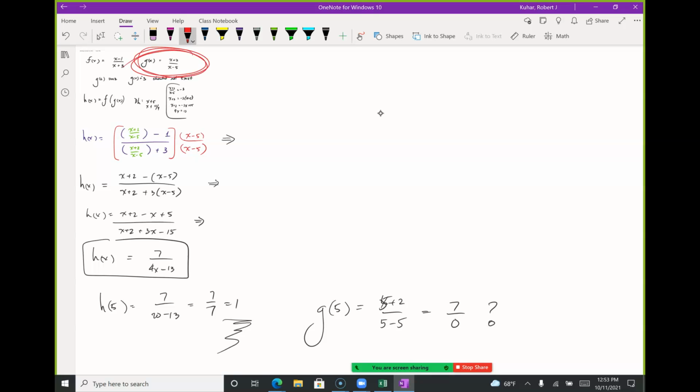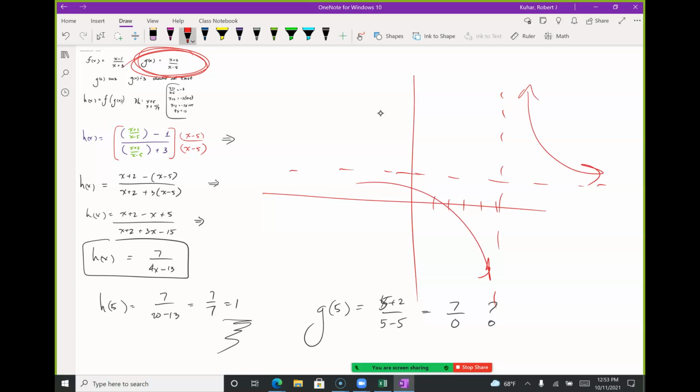The horizontal asymptote. If I graph G, there's a vertical asymptote at 5. There's a horizontal asymptote at 1, right? And bigger than 5, it looks like 1, it's doing this. So you can see G never gets a height of 1.